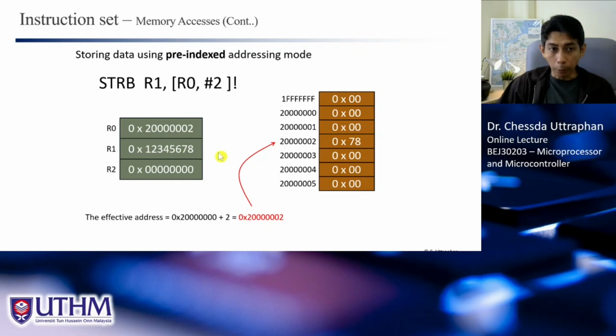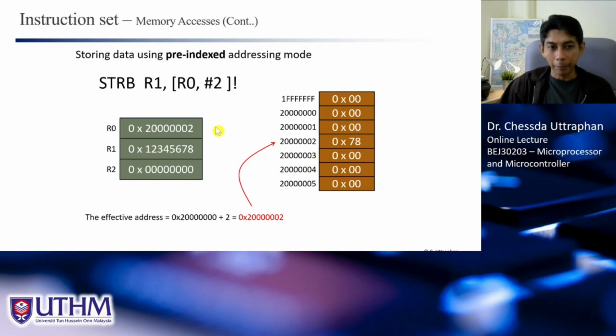For post index, remember previously the effective address is this, we send the data to this and we update. For the pre-index, we update first, and this will be the effective address, and we move the data. That is pre-index.